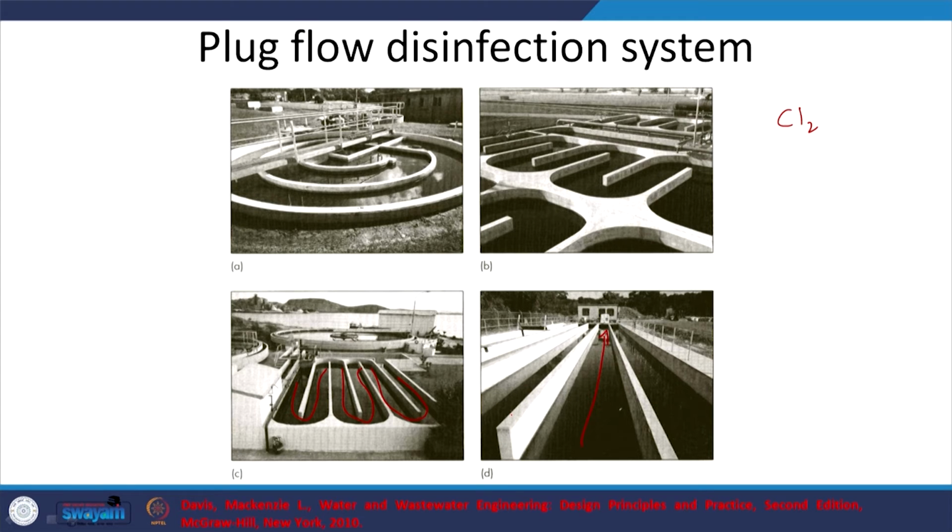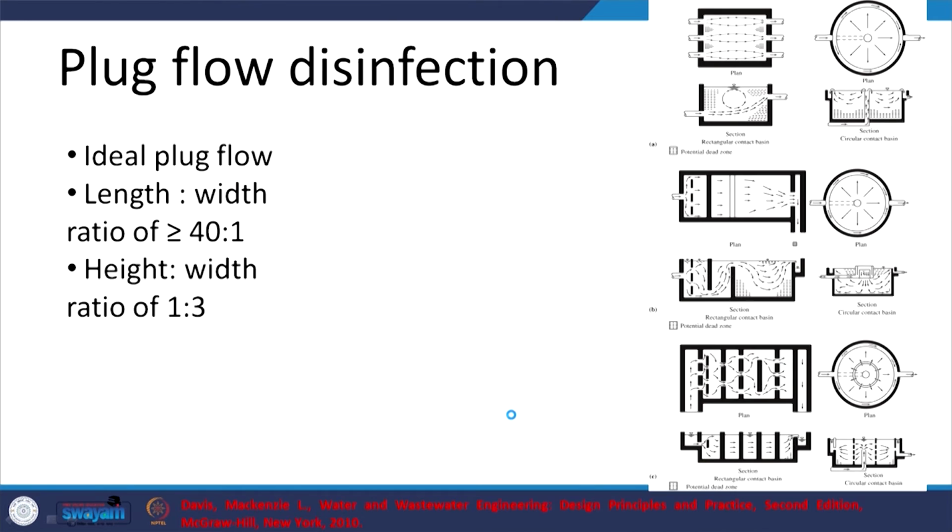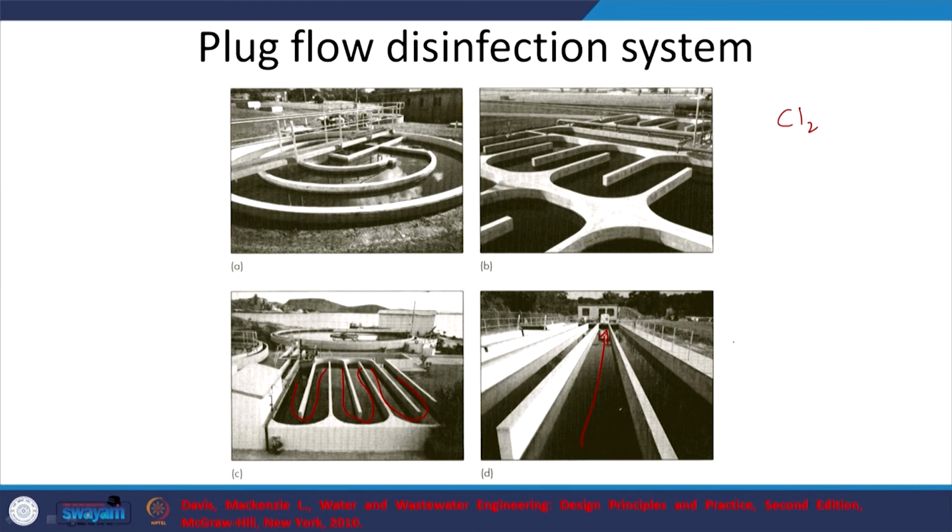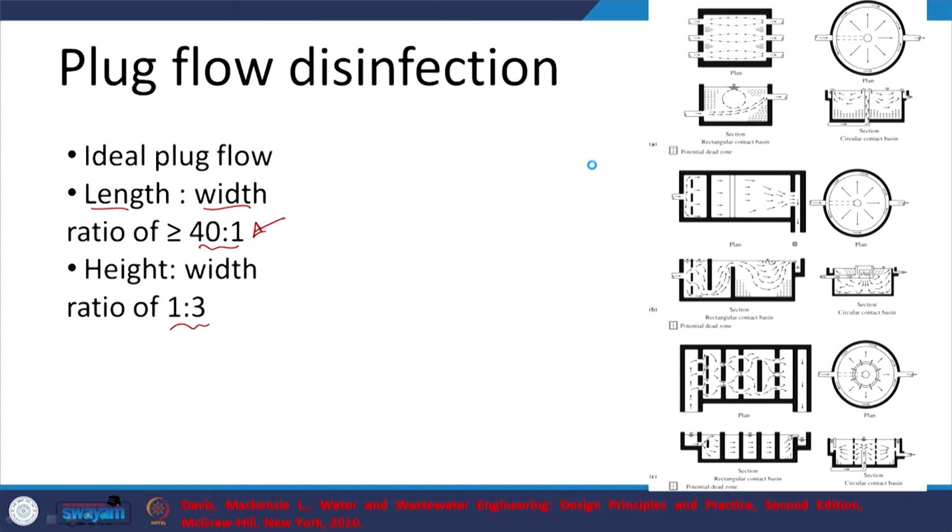So, that is what it looks like typically, let us say. And again different plants and such, let me not go into that in detail, but with respect to ideal plug flow, you want to have length obviously much greater than the width, right, and the ratio is typically greater than 40:1, height to width 1:3. So, for example, an example of this particular case was seen out here, let us see. But obviously with the baffles or baffle system, you can try to get around that. Yes.